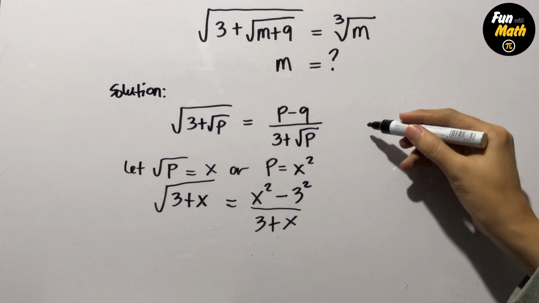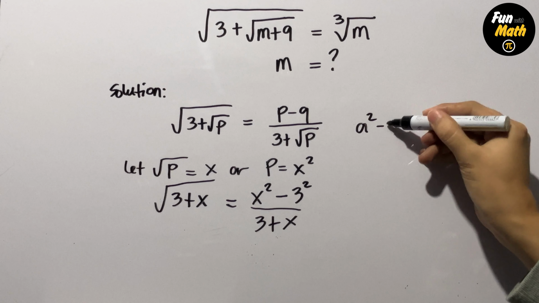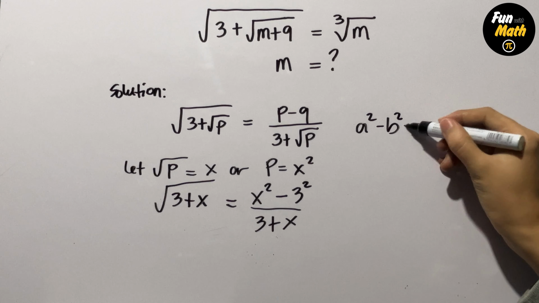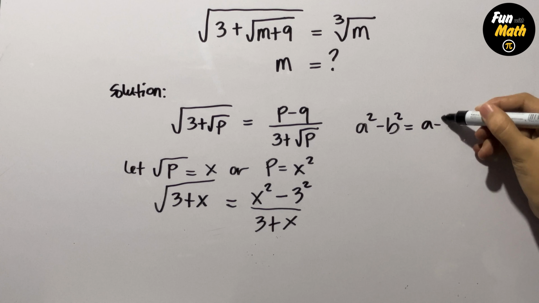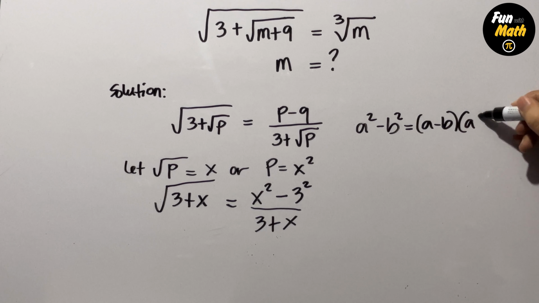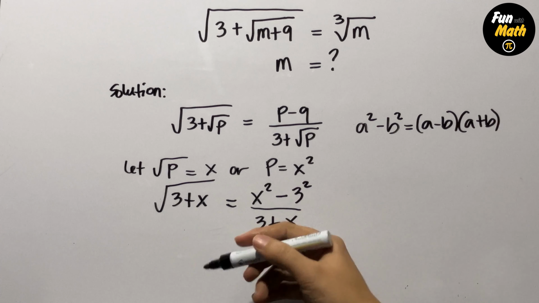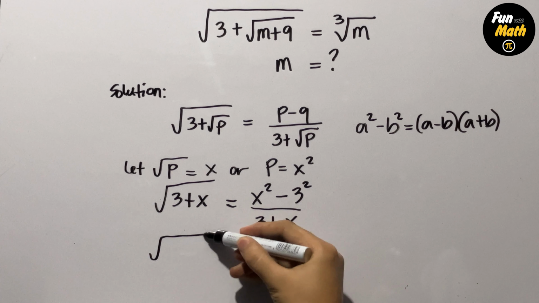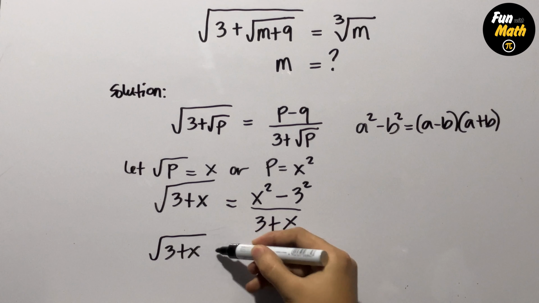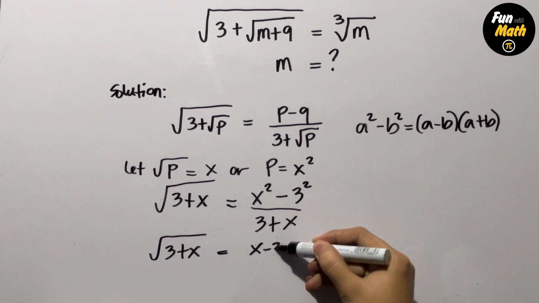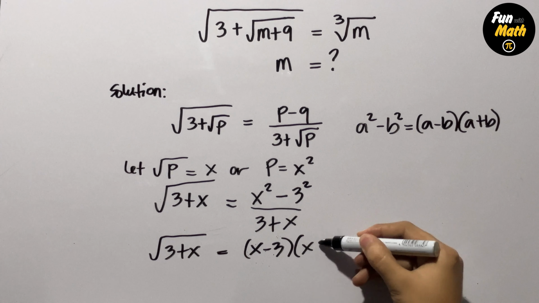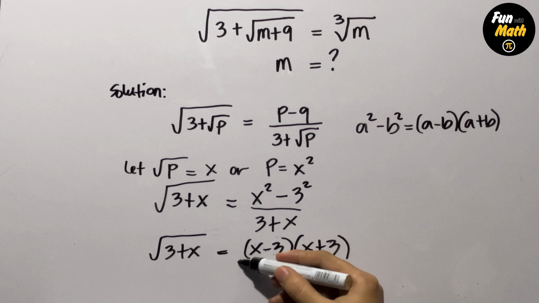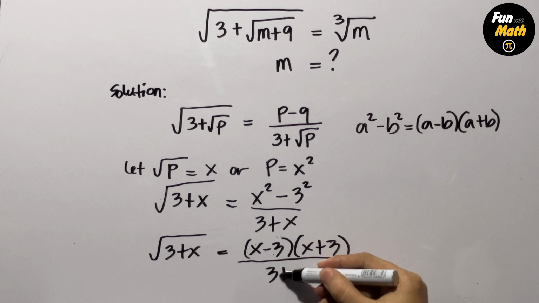By following the identity, a squared minus b squared, which is also written as a minus b times a plus b. So now we can write it as square root of 3 plus x equals x minus 3 times x plus 3 all over 3 plus x.